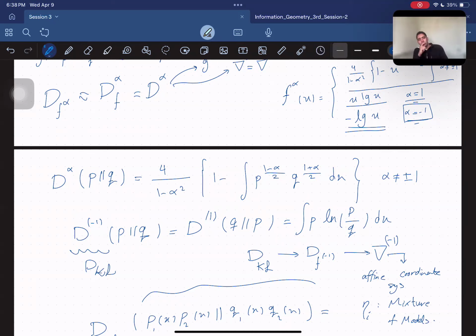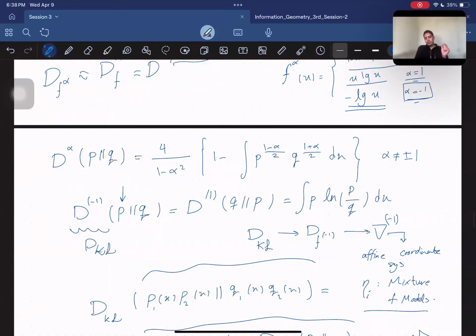So if we go linearly, just linear in the sense linear of mixture models, of the first component of KL divergence, we are walking through the geodesic.